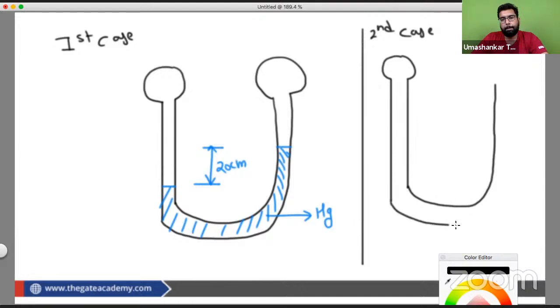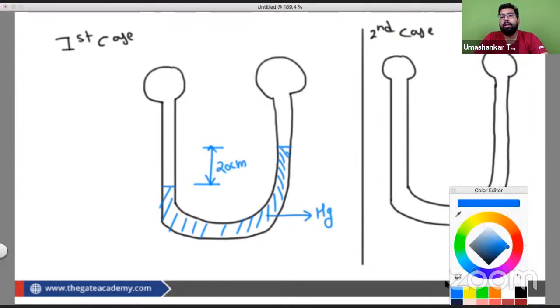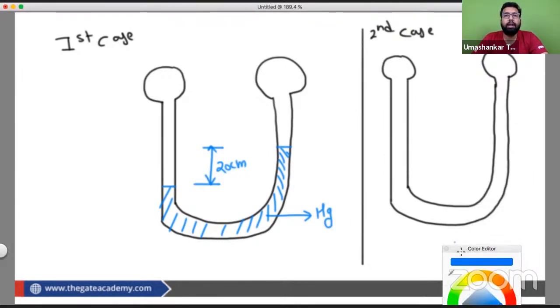Same question, same condition. Now, what is to be done here, beta? We have to have the mercury levels same in both the limbs just by increasing the pressure of water.